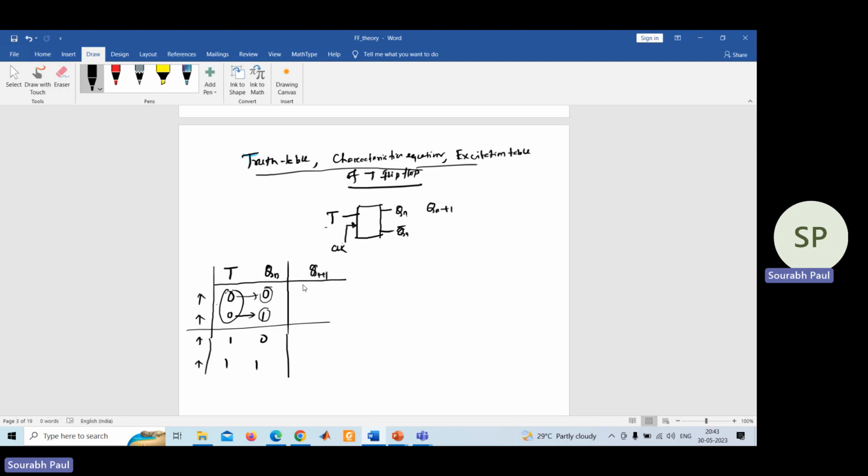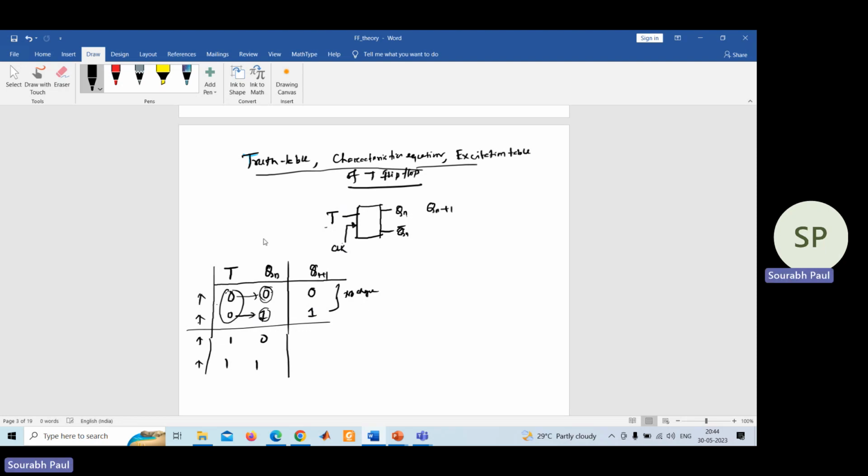Okay. So what does it mean? If you have the present output Qn equal to 0, after applying the clock, the same output you will be getting in Qn plus 1. Similarly, if you have the output of 1, then after applying the clock, still you will have the output of 1. And this particular thing is known as no change state.